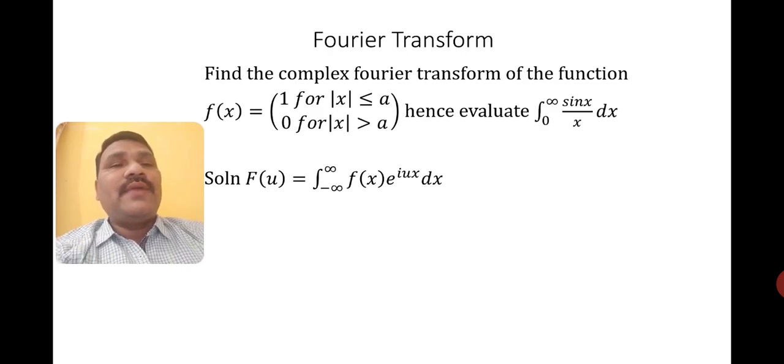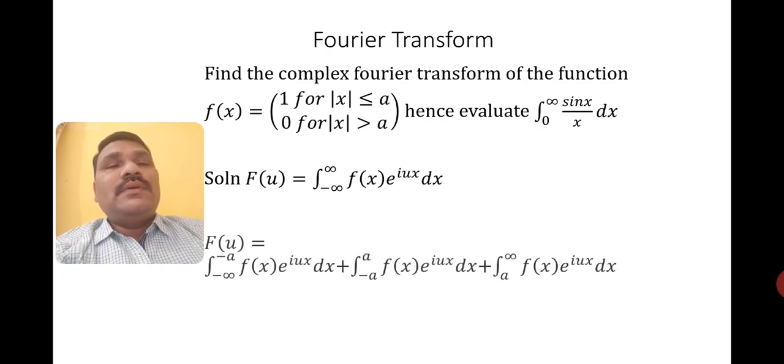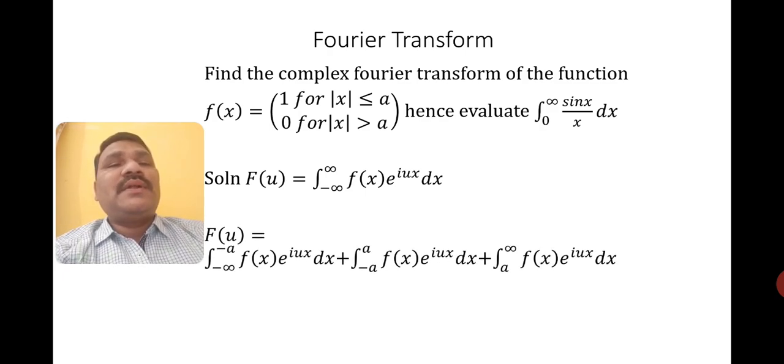So how I will break, you just see. This can be written as: I will start with minus infinity to minus a f of x e to the power iux dx, plus minus a to a f of x e to the power iux dx, plus a to infinity.